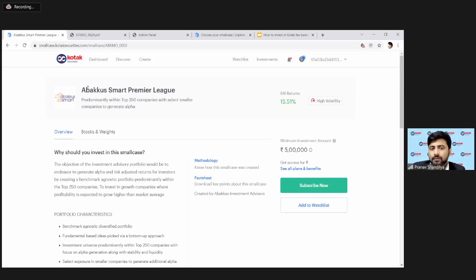Now, we can see that this particular basket has been created by an entity called Abacus Investment Advisors. Abacus Investment Advisors will frequently take a look at this particular basket, and they will try to understand if the stocks are healthy and can continue going forward, or if out of the 20, 25 stocks or 10 stocks in the basket, some stocks have to be removed over a period of time because they have either played out as expected and now things have to change, or they're not performing as per expectations.